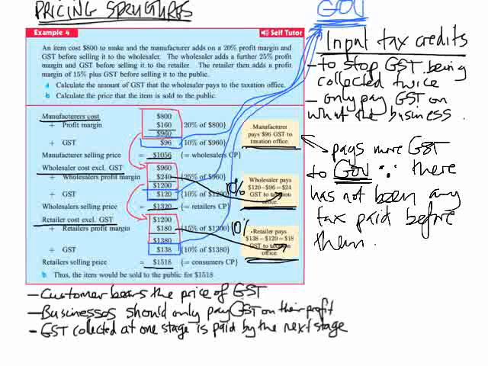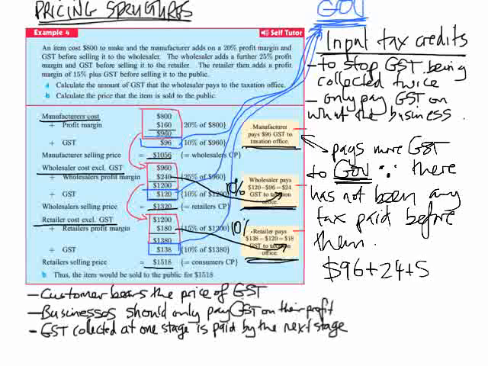So in the end, step by step from each business, the government gets one little piece. Well, that one's the bigger piece. One little piece each that should add up to the $138 in GST that the customer pays in the end.